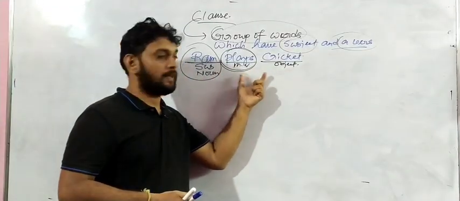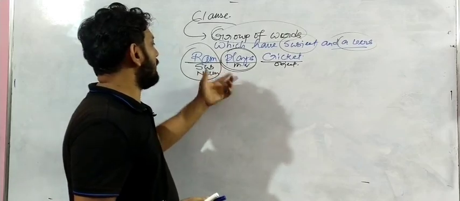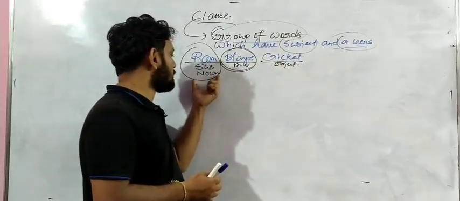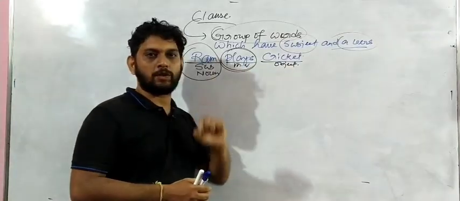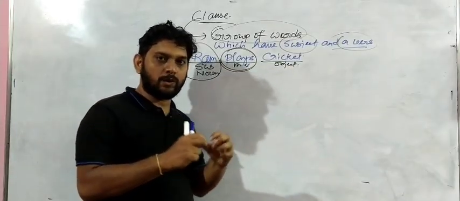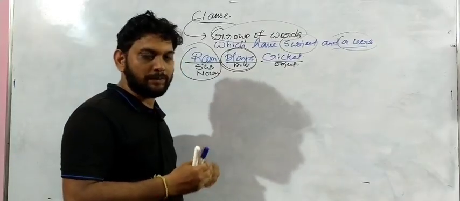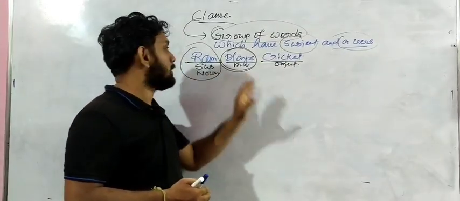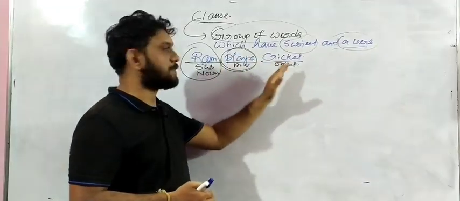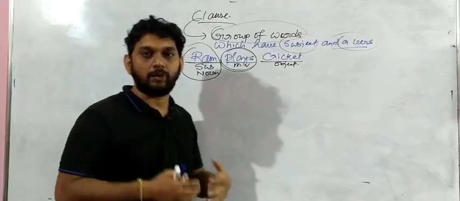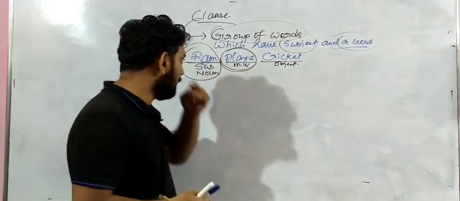It is a group of words: Ram is a word, plays is a word, cricket is also a word. And how can we merge all the words together? Using structures, that means tense. That's the reason I have written Ram plays cricket. So this is a group of words which has a subject and also a verb, which is known as a clause. I think all of you understood.